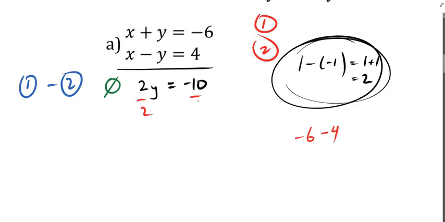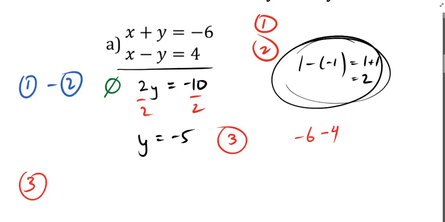So what do I do? I divide by 2, and I get y equals negative 5. Call that equation 3. Substitute 3 into which one do you want to go into? Sadie, pick one or 2. It doesn't matter in this case. Sometimes there's an easier one, but in this case there certainly isn't.